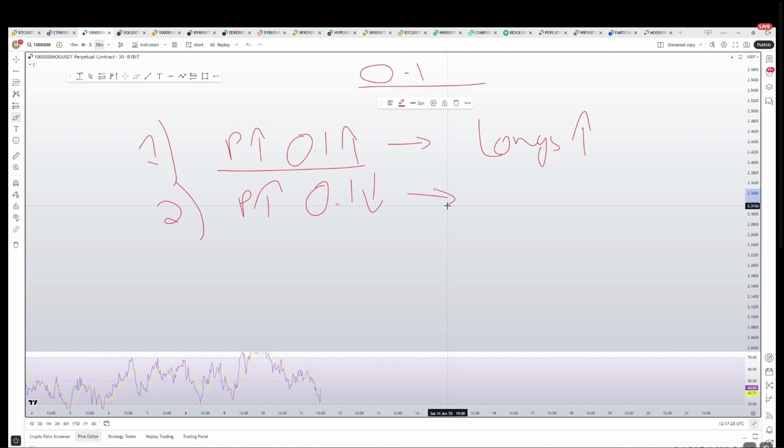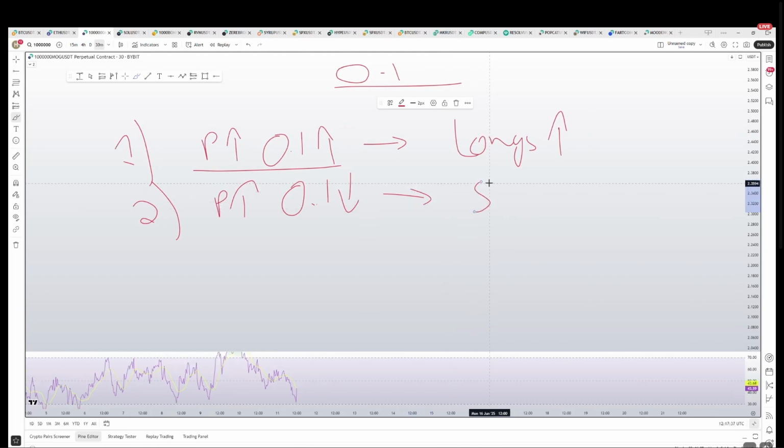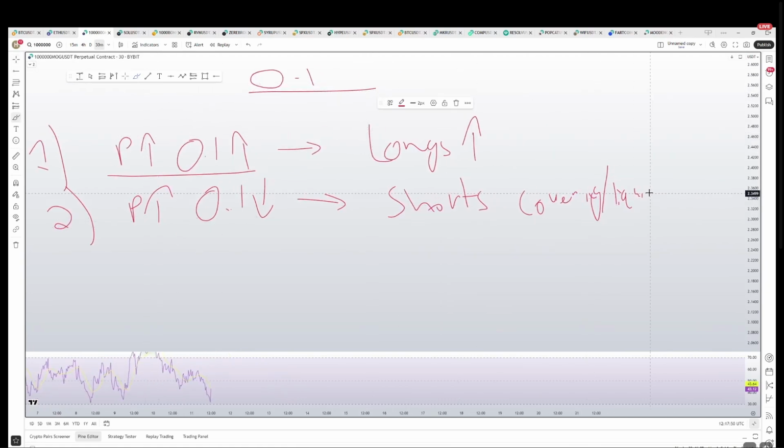To close a short, you counter it with a long, and closing shorts leads to the price going higher. So if price is going up and OI is going down, it's either shorts covering or shorts getting forced out, which is liquidation.